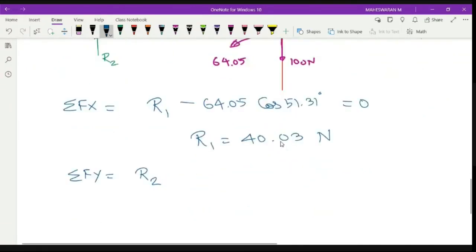So minus 64.05 sine 51.31 minus the force under, which is negative, equal to 0.